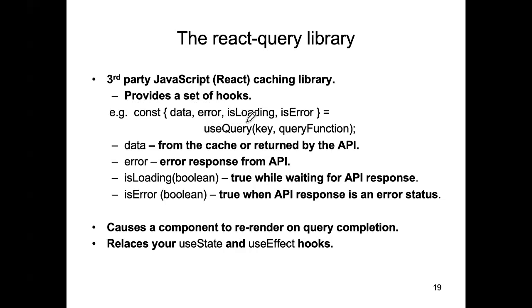Internally, it is using useState and useEffect, but we needn't worry about that. So in fact, this makes our code cleaner, although there's a little bit of extra mental work we have to do in terms of understanding what's going on behind the scenes, i.e. this idea of a cache.